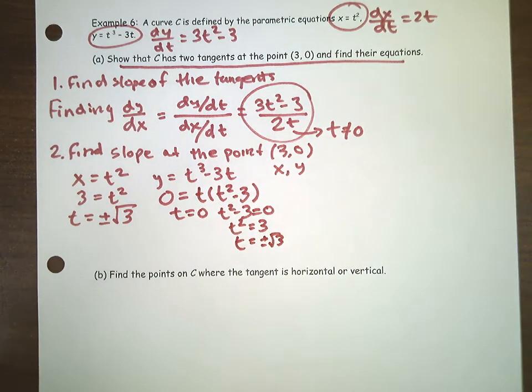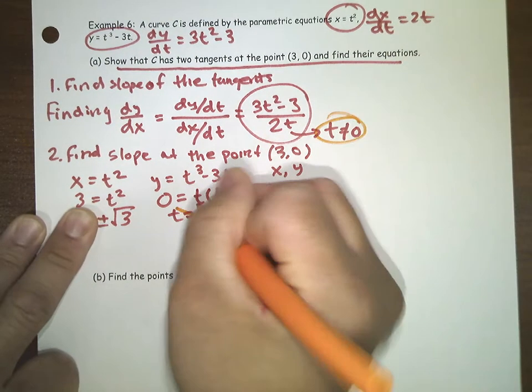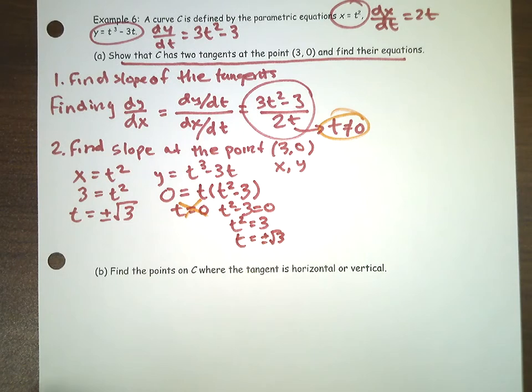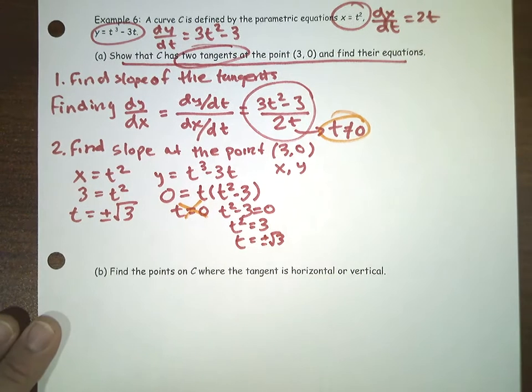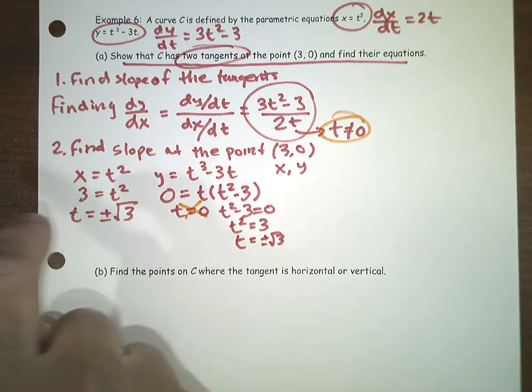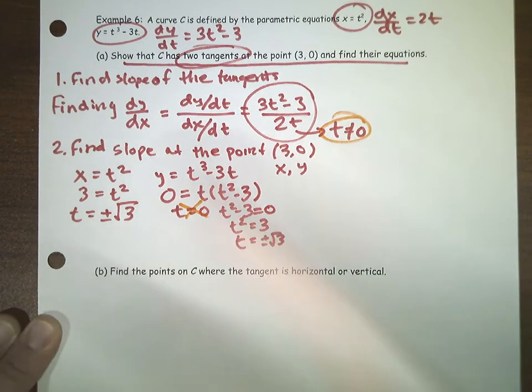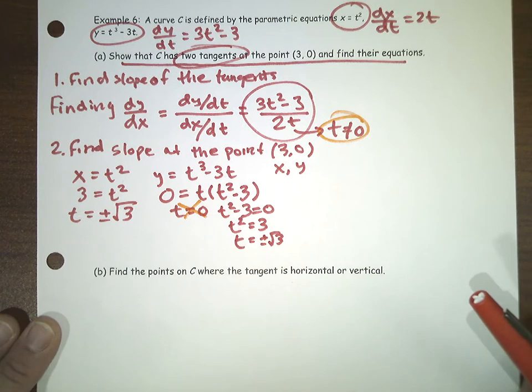But look here, I said that t could not be equal to 0. So what do I know then? That t has to be the negative square root of 3 or the square root of 3. So I just showed that C has two tangents at that point: one when t is equal to the square root of 3, and the other when t is equal to the negative square root of 3.